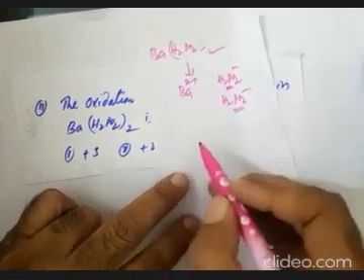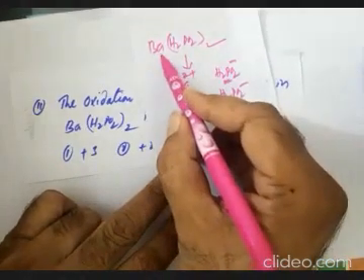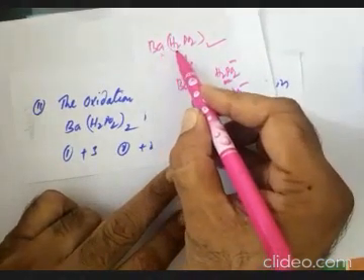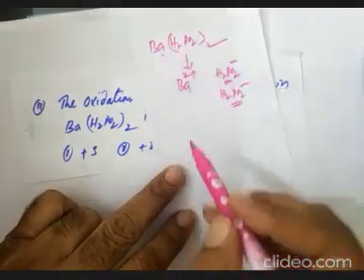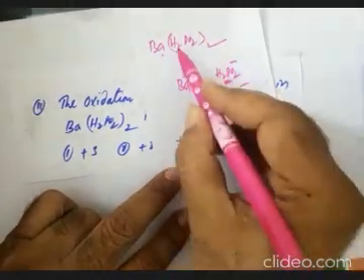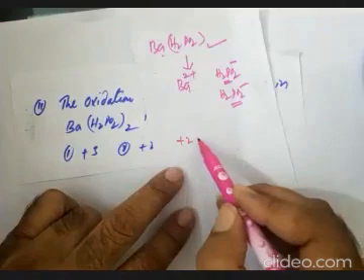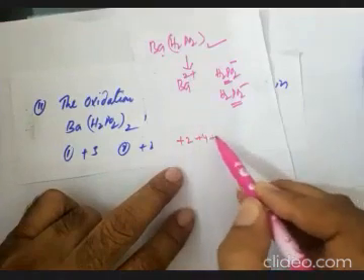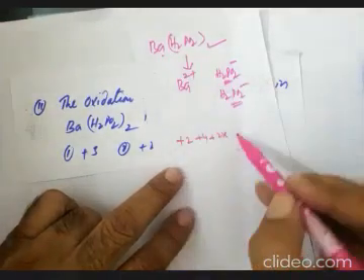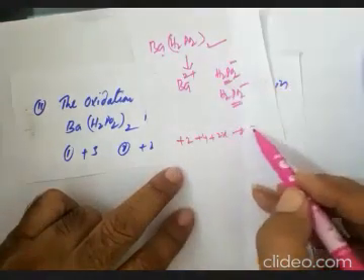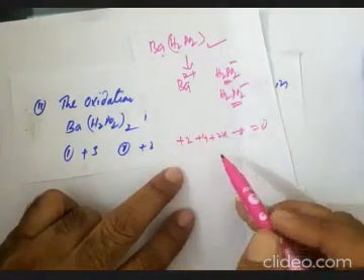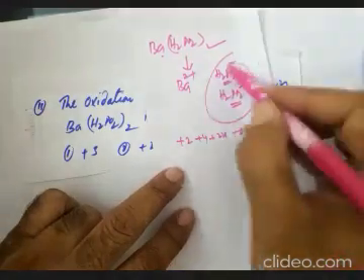Otherwise, you can calculate like this: barium +2, 4 hydrogens +1 each, and +2x plus -8 is equal to 0. So you can calculate in any way.